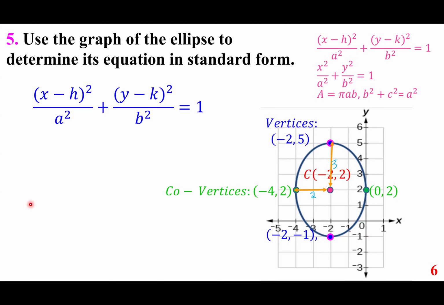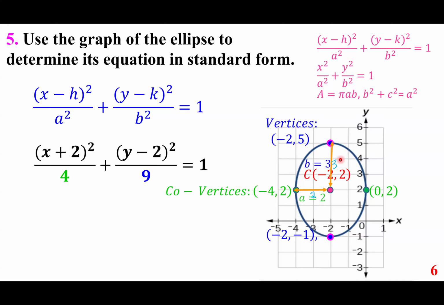So we have x minus h, x minus minus 2, that means x plus 2, quantity squared over a squared, over 2 squared, which is 4. y minus k, y minus 2, quantity squared over b squared, over 3 squared, over 9, equals 1. So a is 2, b is 3, and there you have it.